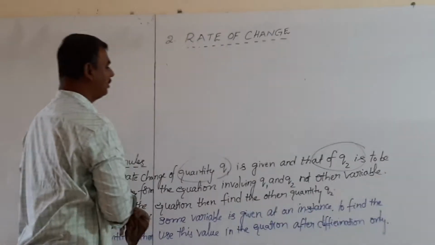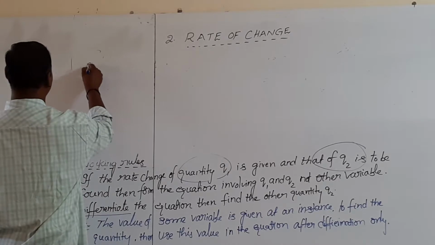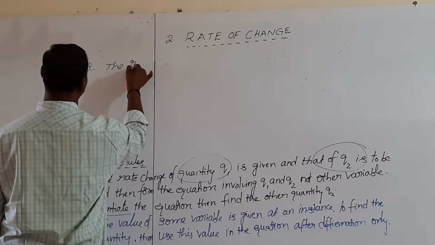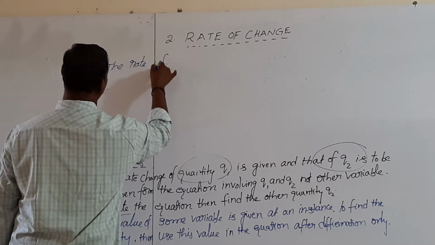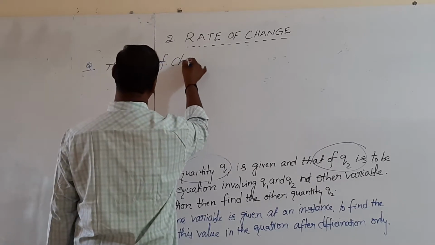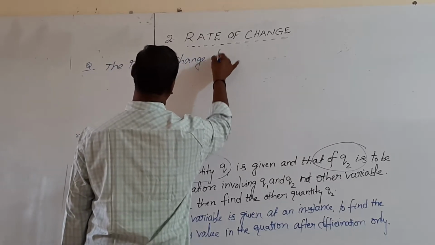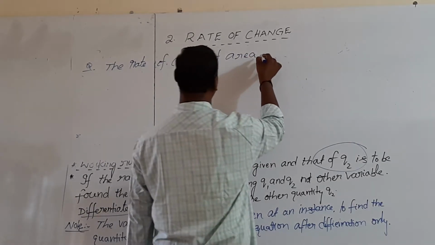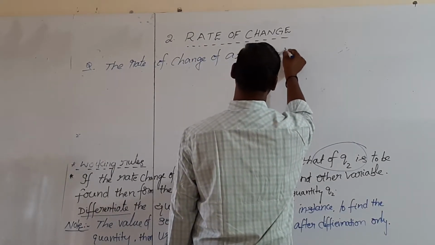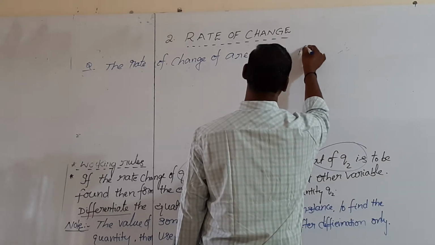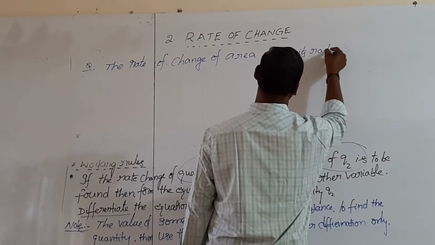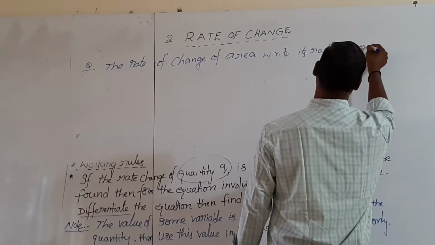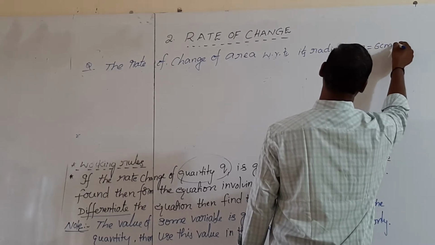The question will be: the rate of change of area with respect to its radius at r equal to 6 centimeters.